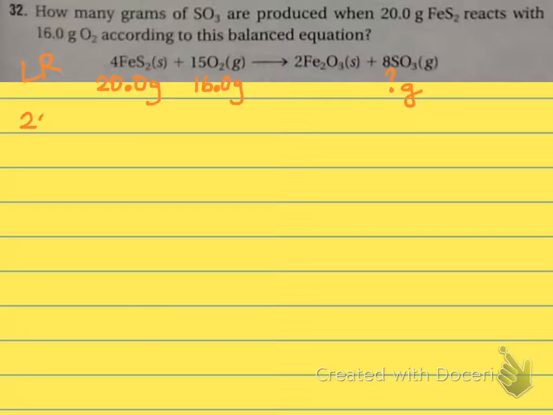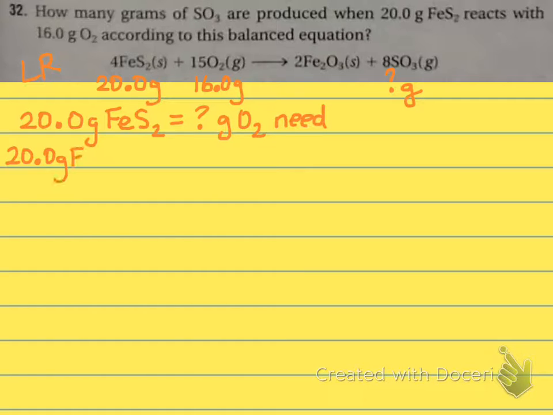I'm going to choose to start on the left, as I've explained to you before. So I'm going to start with the 20 grams of iron 2 sulfide and calculate how many grams of oxygen I need. Remember that I'm going to compare that to what I have in my problem. So I start with my 20 grams of iron sulfide.